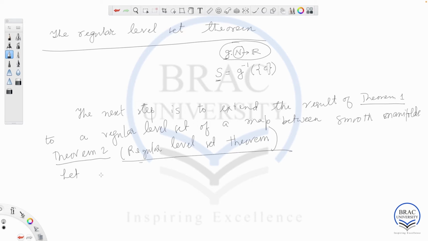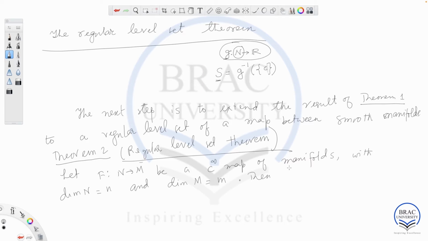Let f from N to M be a smooth C-infinity map of manifolds. We know what is meant by a smooth map between two manifolds with dimension of N equal to small n and dimension of M equal to small m.